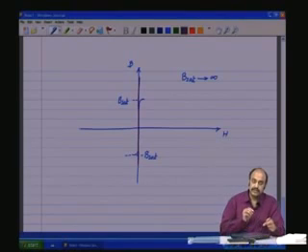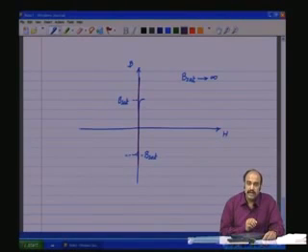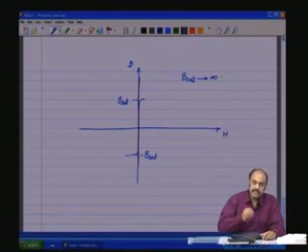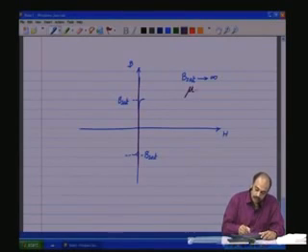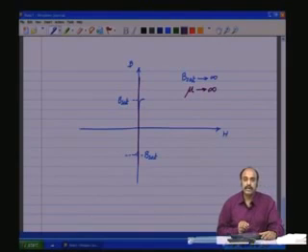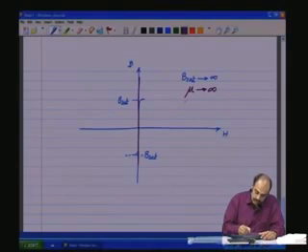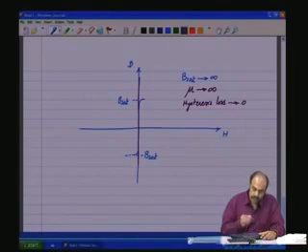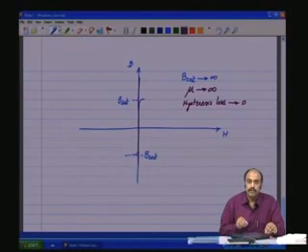So, a magnetization curve along the vertical axis implies B sat is infinity, mu tends to infinity, permeability tends to infinity, hysteresis loss tends to 0. All these are important features of an ideal transformer.